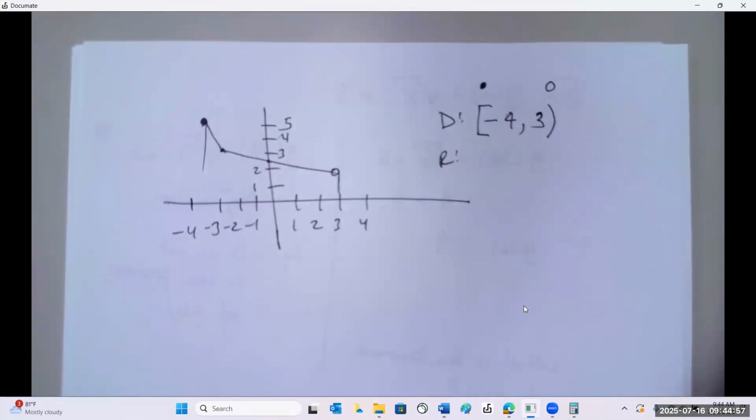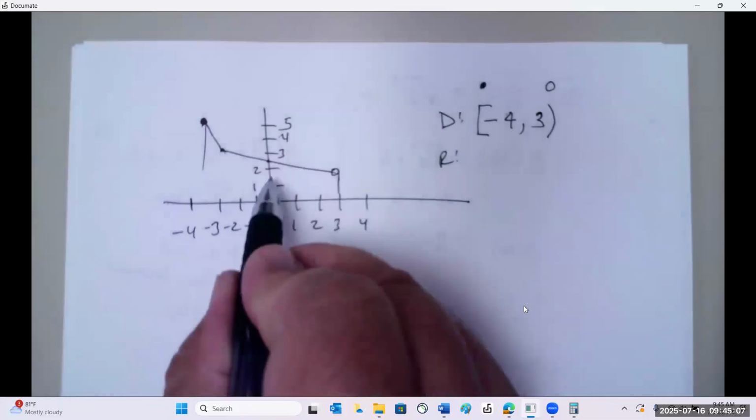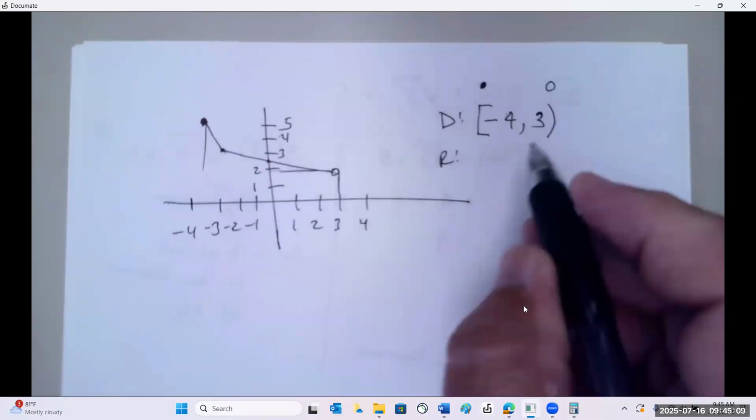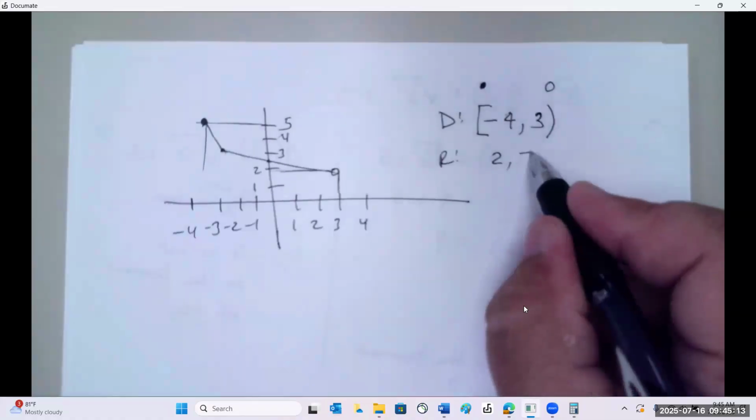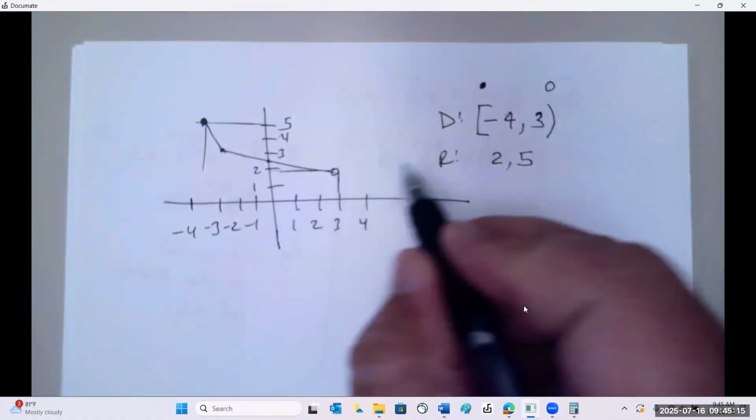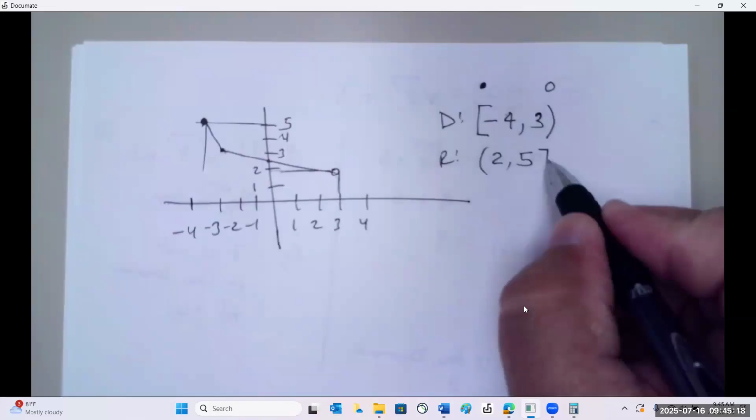What's my range? What is that? Yeah, the lowest I can go is 2. The highest I can go is 5. I cannot use 2, but I can use 5.